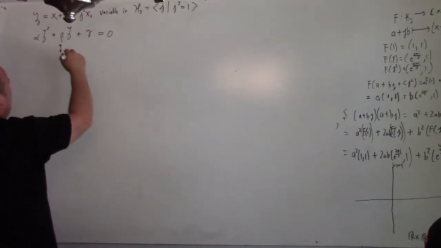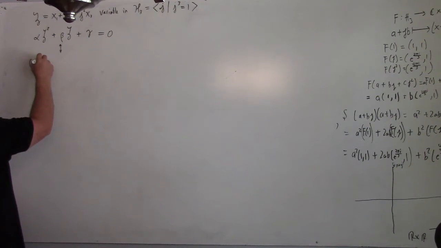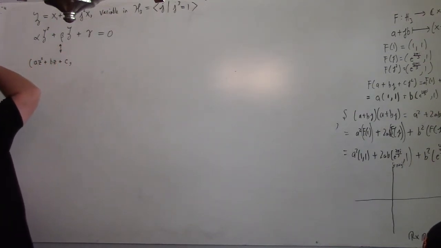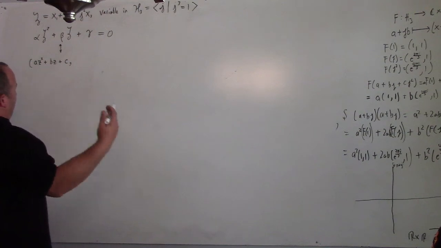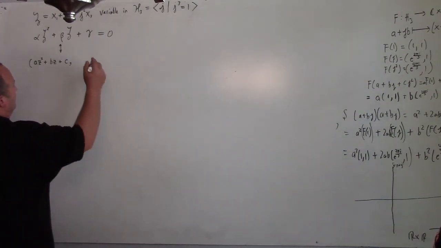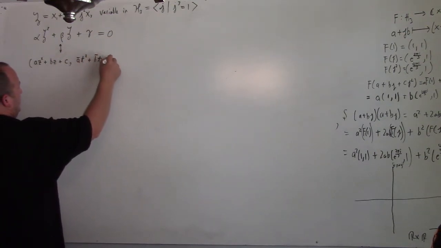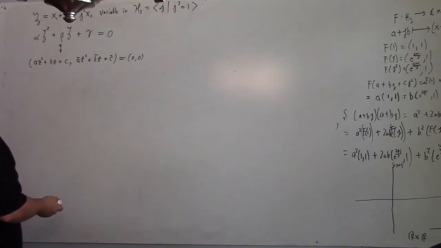Down here, there's something basically of the form az squared plus bz plus c, comma, a bar t squared plus b bar t plus c bar equal to 0, 0.